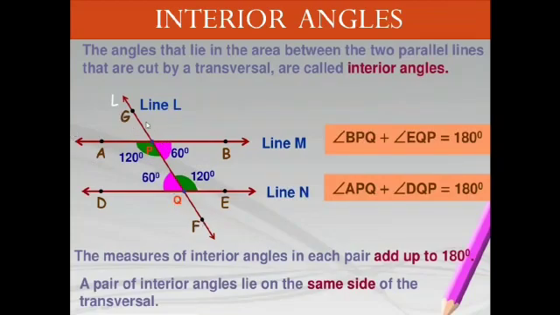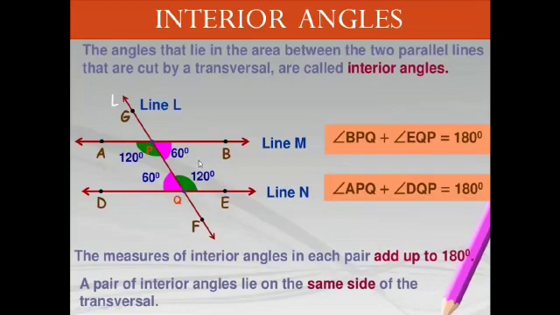This line L is a transversal. So this angle with pink color and this with green color fall on the same side of the transversal, on the right side of the transversal. I'll name the angle BPQ and angle PQE.